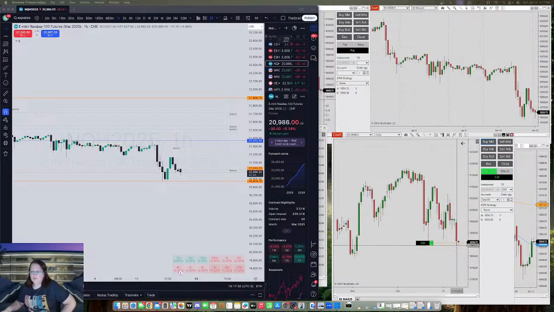This long right here would have worked. Up 3 points there on ES. That's nice. That's $50 a point, so $150 right there. Is it still moving? Yeah, it's still ticking.